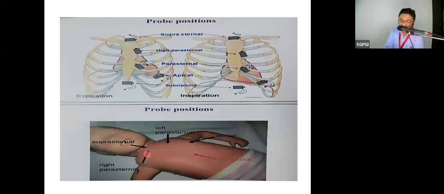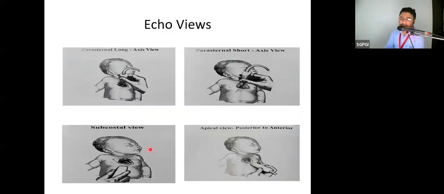The high right parasternal view is actually the ductal view, where the probe is kept in the second or third intercostal space, and the marker, as I showed you, is towards 11 o'clock or 12 o'clock. These are the echo views. This is the low parasternal long axis view.